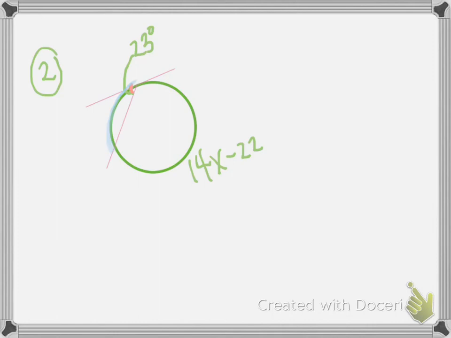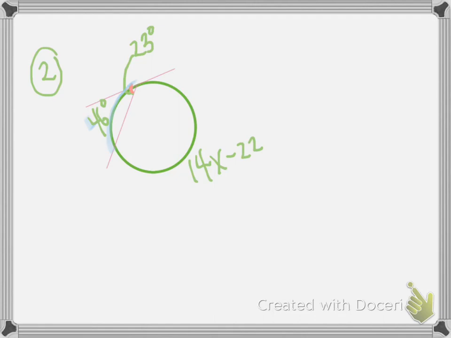Remember, that angle is equal to 1/2 the measure of this arc. So that angle times 2 is going to be equal to the measure of that arc. So the measure of that arc there is going to be 2 times 23, which is going to be 46.